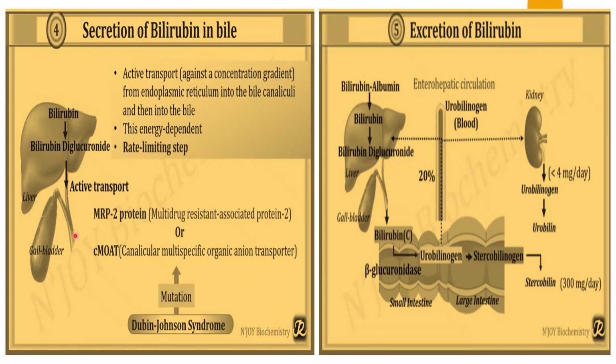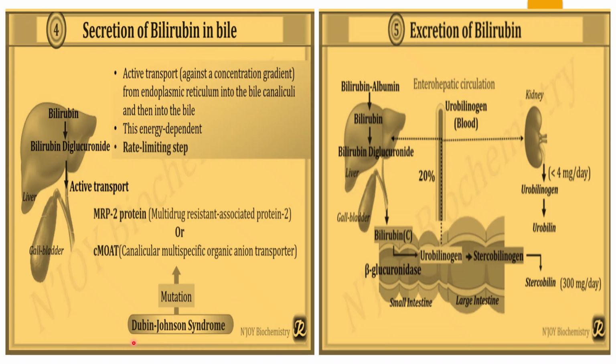the bile canaliculi. So if there is a mutation in these two proteins, in the multi-specific organic anion transporter protein, there are two variants of these proteins. If there are mutations in this protein, that will lead to inability of bilirubin diglucuronide to reach the bile.